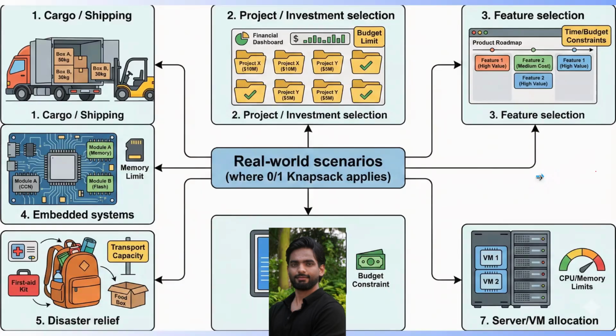Also, in disaster relief systems, we follow 0/1 knapsack. The same goes for investments, budgeting and advertisement plans. This problem is widely used. Also, in features like creating a website under a time budget constraint and server and VM allocation, we often use 0/1 knapsack. We might not notice it, but 0/1 knapsack handles more situations around us than we imagine.